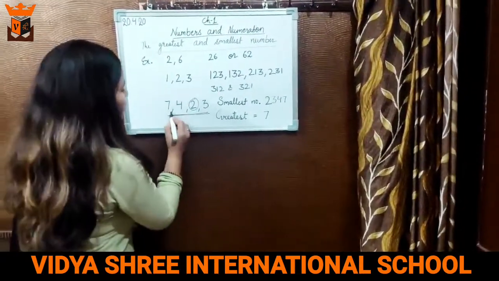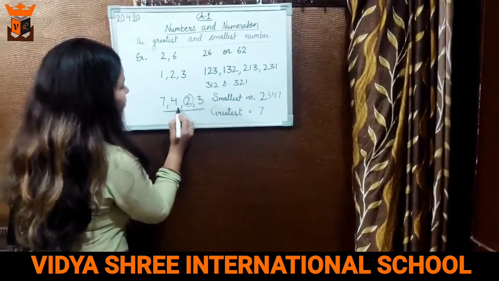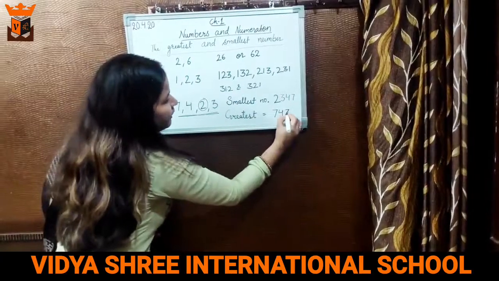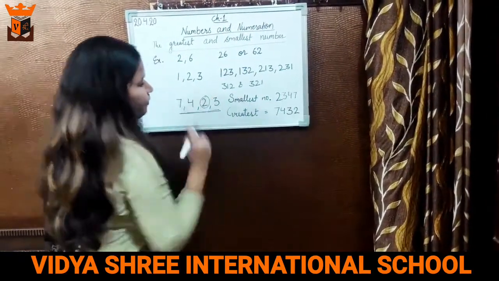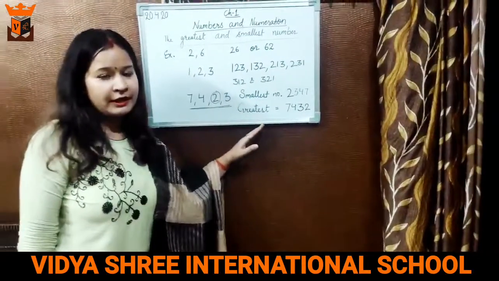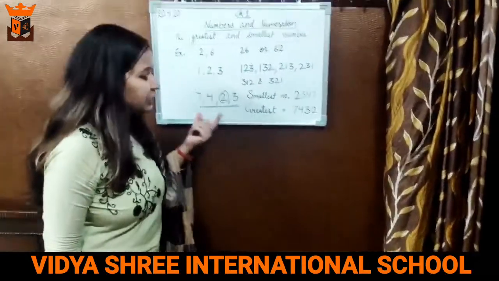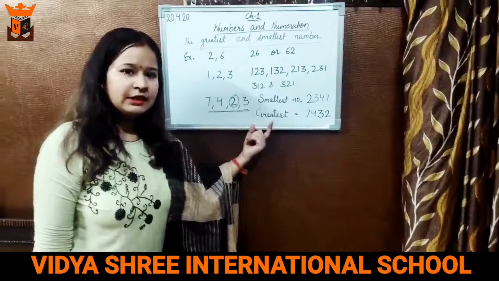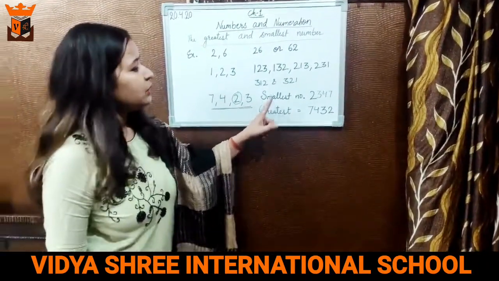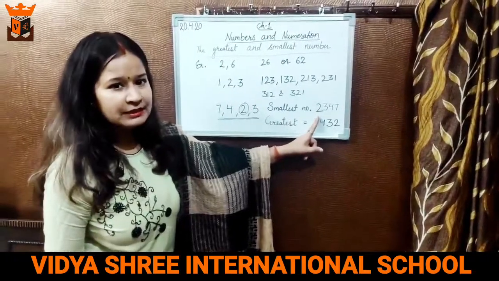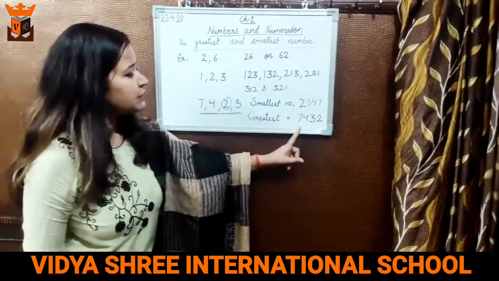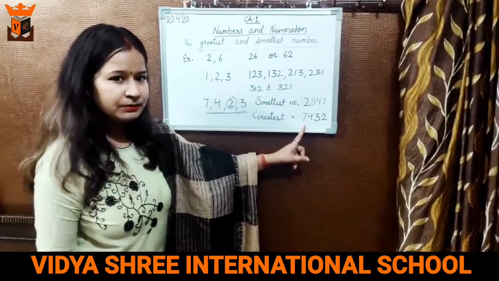After 7, the next smaller is 4, then 3, and the smallest is 2. This is the process to get any smallest or greatest number from the given digits. So when we want the smallest number, we start from the least digit, and when we want the greatest number, we start from the biggest digit.